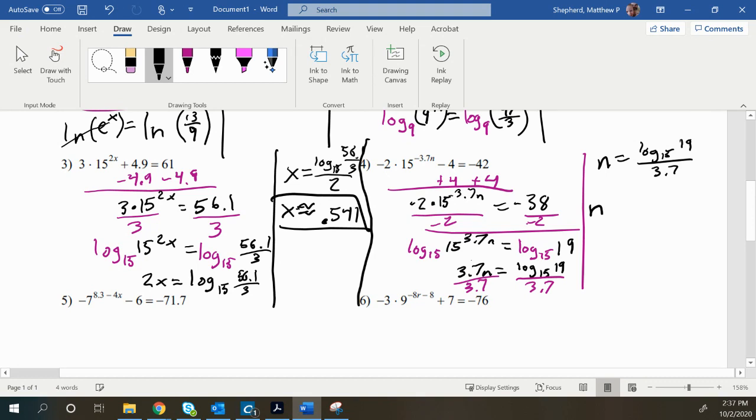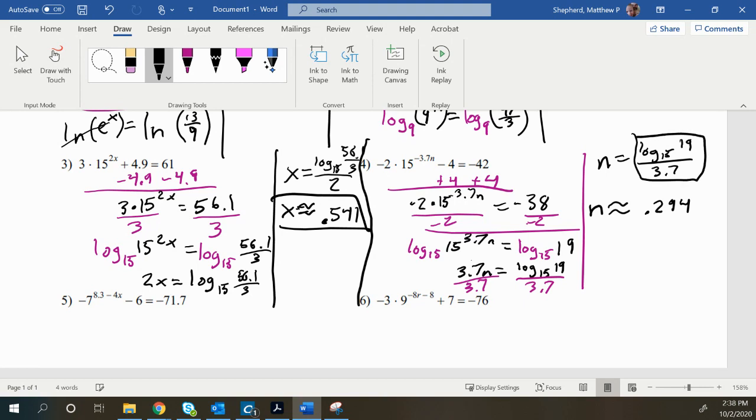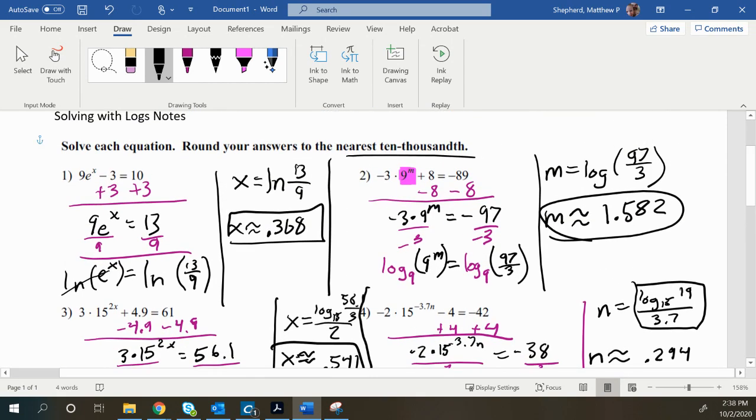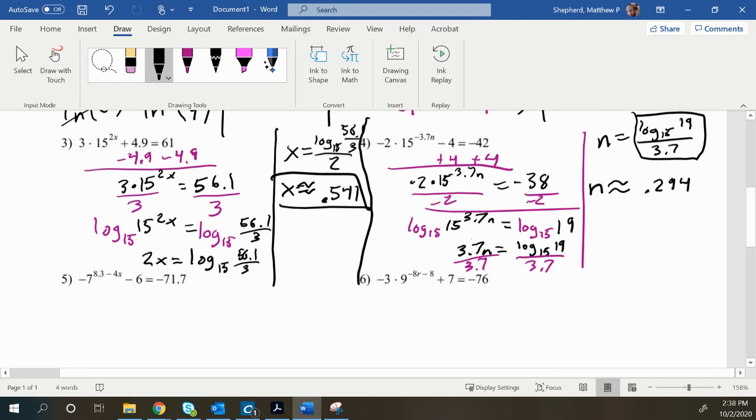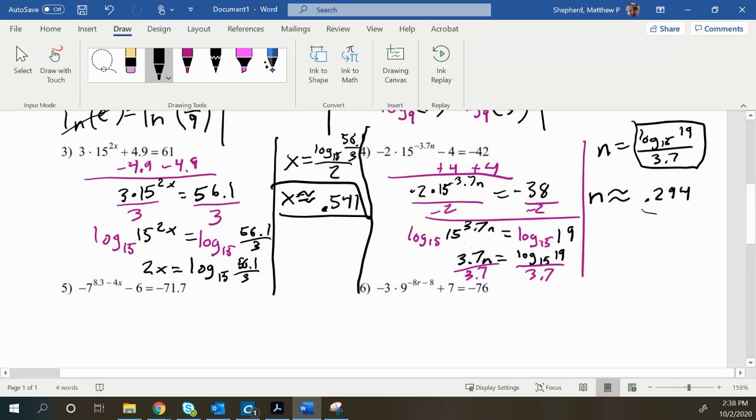And that's also why each time I use my approximate equals, 0.294. But this answer up above, no rounding has occurred, nothing like that. That represents the exact answer. And so currently, these problems are asking for you to round to the nearest 10,000th. If a question asks you to give the exact answer, you just don't do this last step of simplifying it out. You just give the answer above.